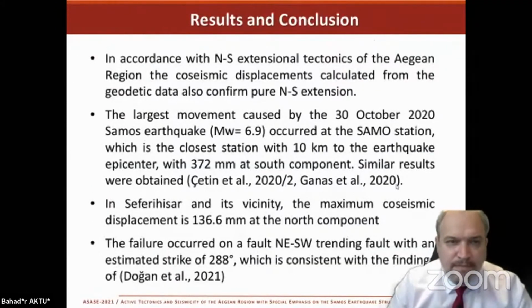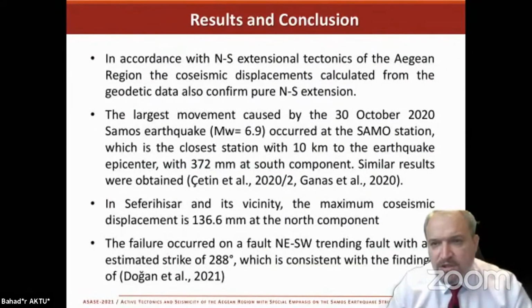All right. In accordance with the north-south extension tectonics of the Aegean region, the coseismic displacement calculated from the geodetic data also confirms a pure north-south extension. Just a very small slip component was also obtained during the inversion. But we can say that it's pure north-south extension. It's a north dipping fault, by the way.